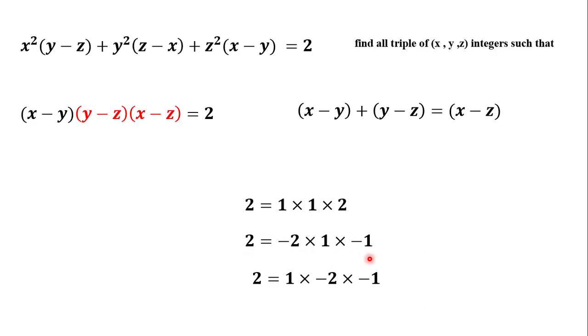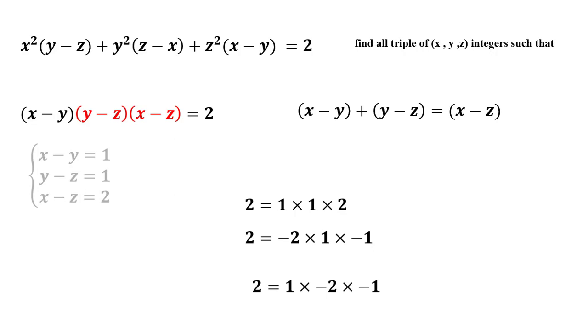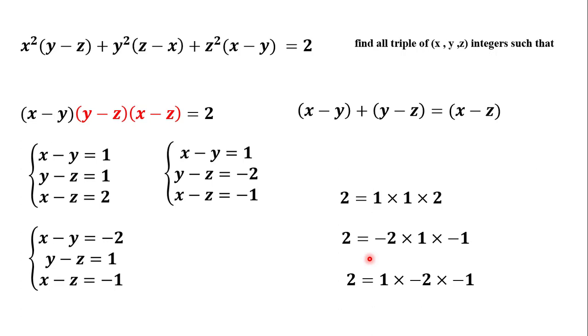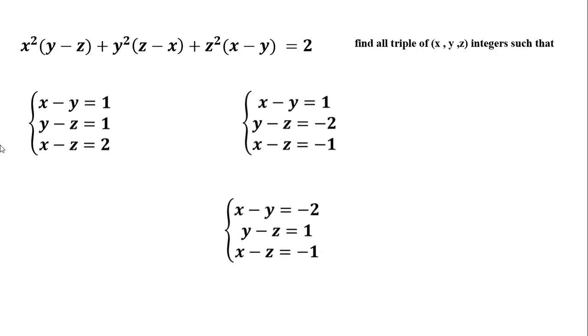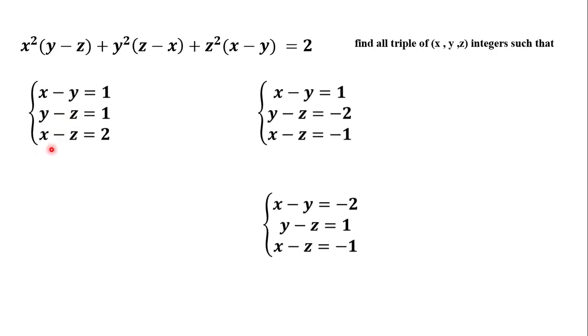Finally, we're going to get three systems of equations. Now we want to solve the first system of equations. If we multiply the third equation by minus 1, then add the first equation and the third equation, x and minus x are going to cancel out, and we get minus y plus z equals minus 1.